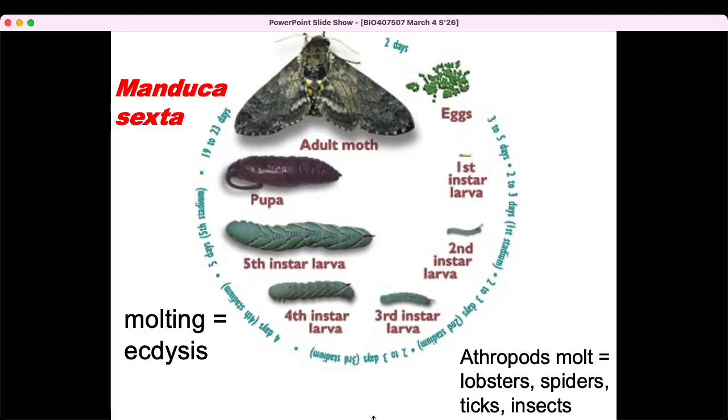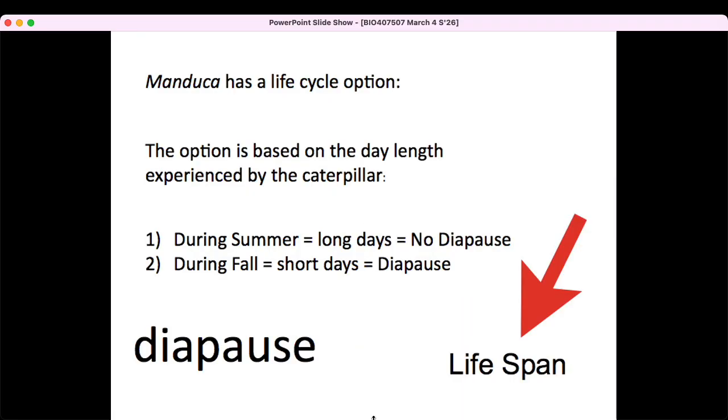Ecdysone is the molting hormone in all arthropods: all the insects, all the crabs, the lobsters, the ticks, the spiders, they all use ecdysone. You can call it molting hormone, that's what it is. And that's weird, because when the animals molt as they grow, they make a huge amount of ecdysone, and it triggers the molt. So I'll just show you an image of that.